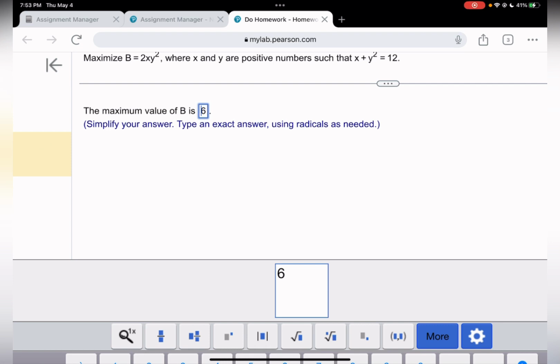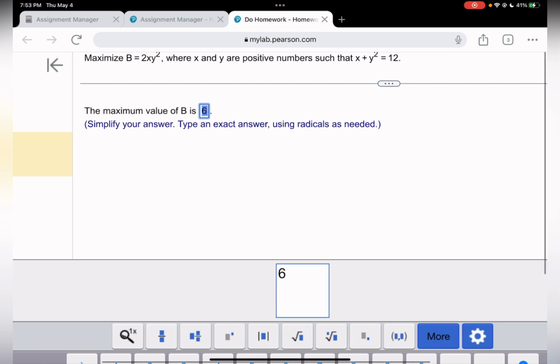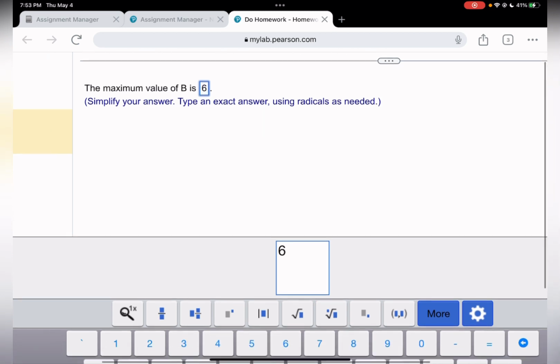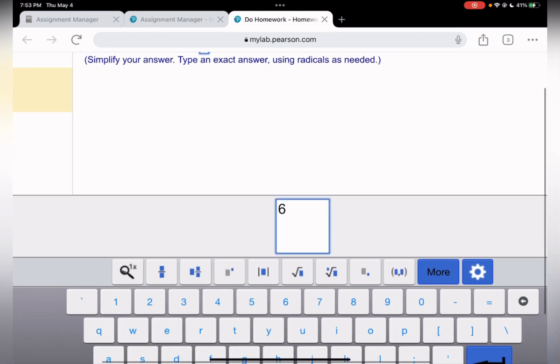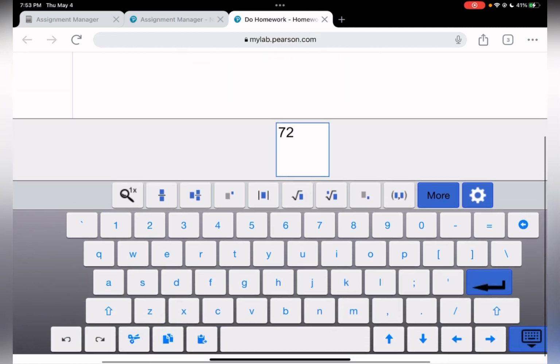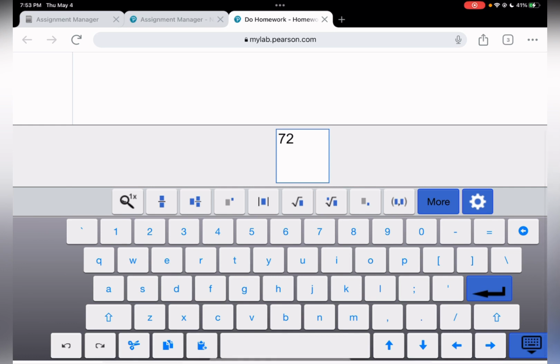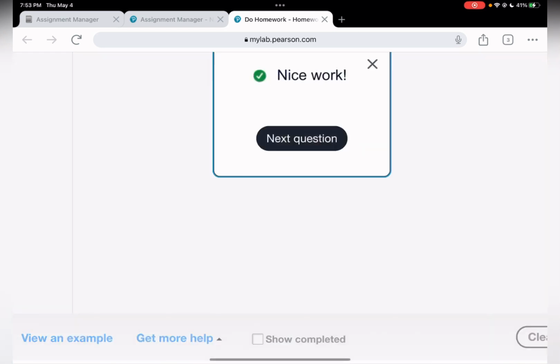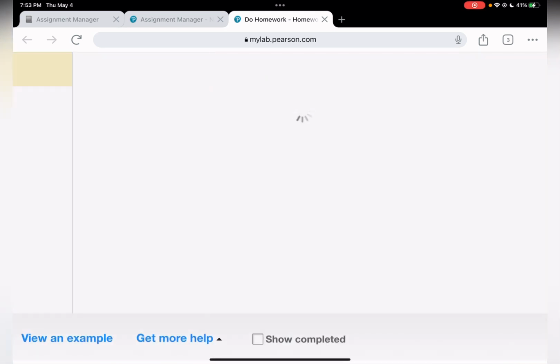Okay, all right, we got it. So it's supposed to be 72, right? It doesn't ask for the coordinate of the maximum. All right, we are good.